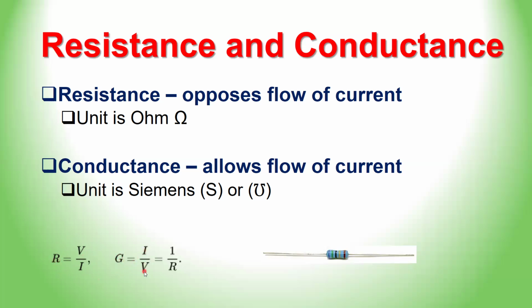Therefore, it can be I over V. So resistance is V over I, and conductance is I over V. And also we can write G equals 1 over R, or R equals 1 over G.